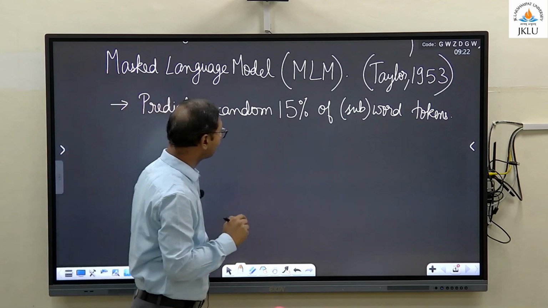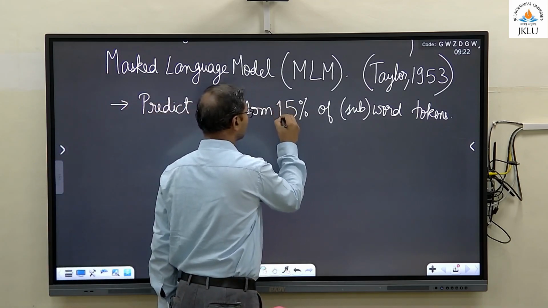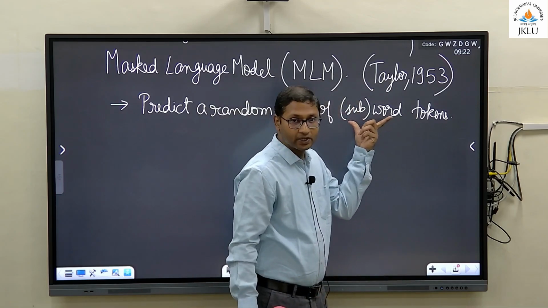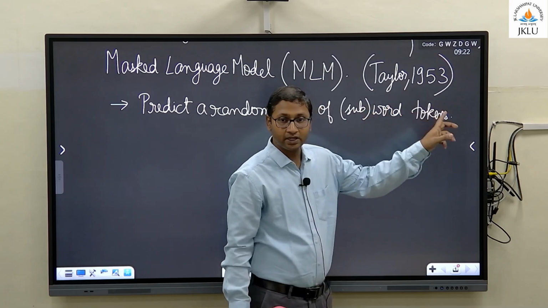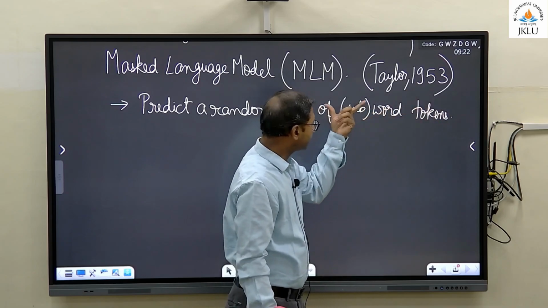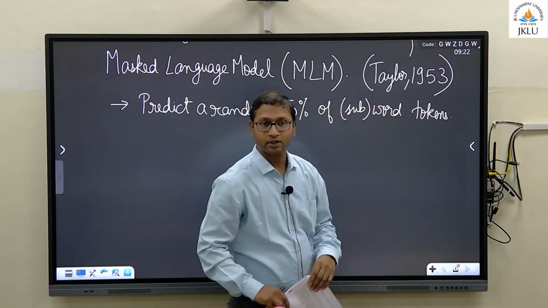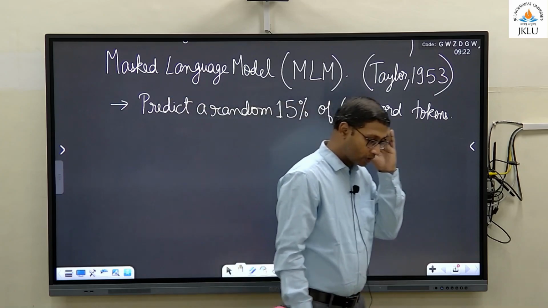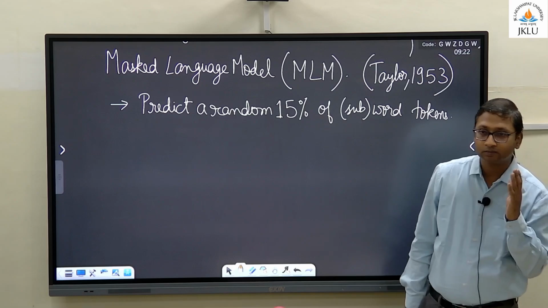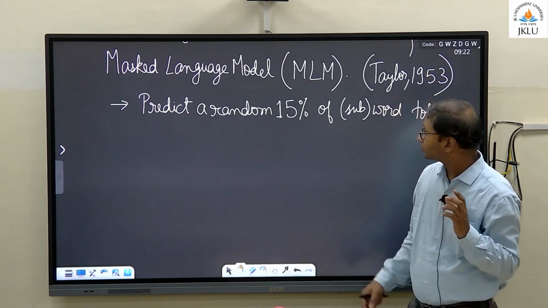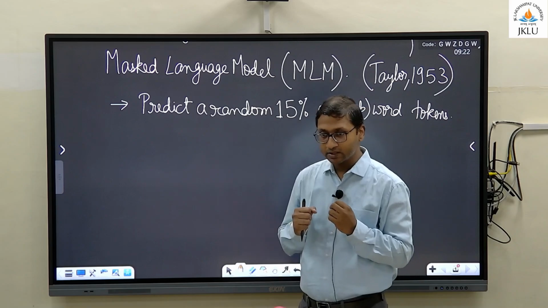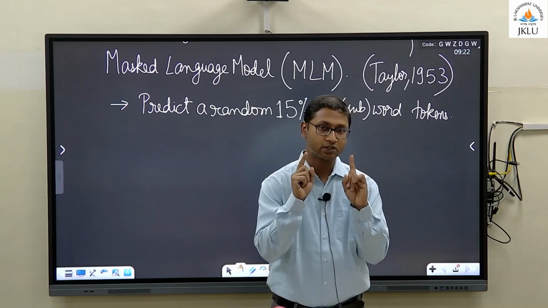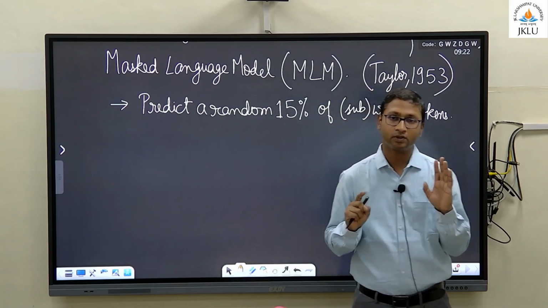Predict a random 15% of the subword tokens. This is how BERT works, but right now we are taking every word as a token. So the exact meaning of this we will understand in one of the coming classes. One of the big achievements of BERT is it was able to compress so many languages into just one vocabulary size of 30,000.